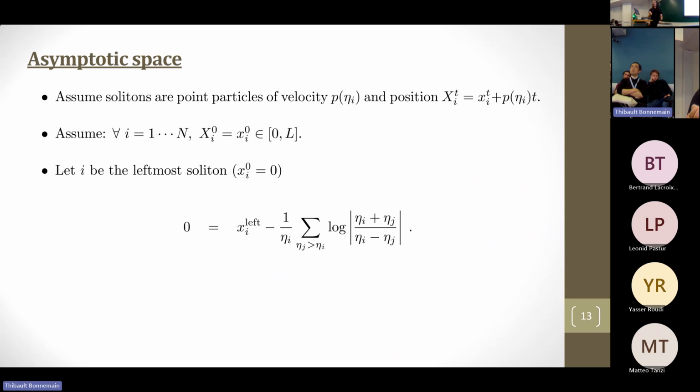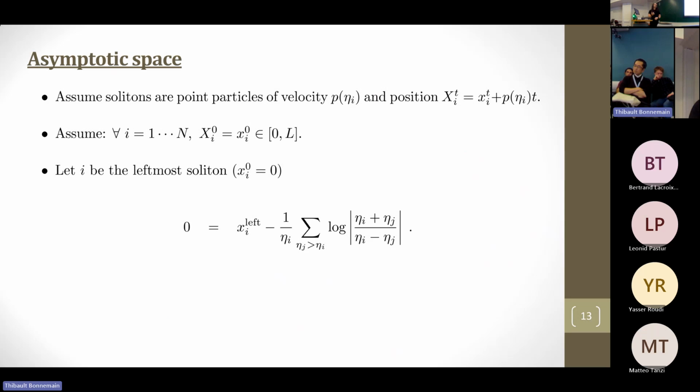If it is the leftmost, it means that almost surely between this step and this step, it only incurred collisions from faster solitons. And it does not yet go up to the slower solitons, otherwise it wouldn't be the leftmost.